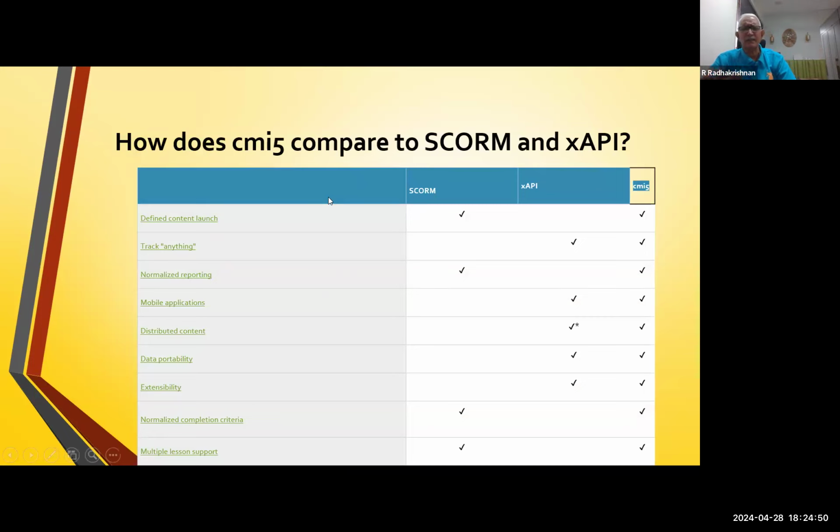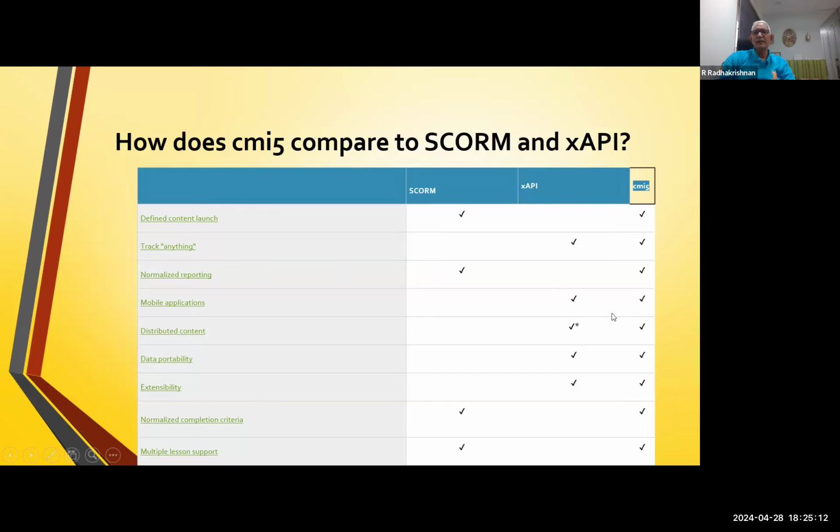I have given a comparison chart. You can see the difference between SCORM, xAPI, and cmi5. When you talk about content launch, SCORM and cmi5 have it, whereas xAPI does not allow content launch. Track anything: SCORM and cmi5 can do.